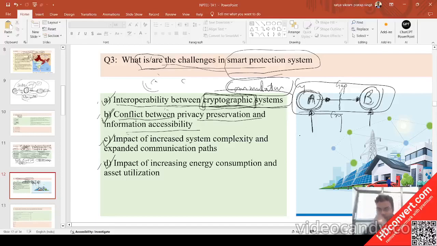Suppose there are multiple power generating systems: A system, B system, C system, D system and E system, and they are giving power to a certain load L. A is giving power to L, B is giving power to L, C is also giving, D is also giving, E is also giving.